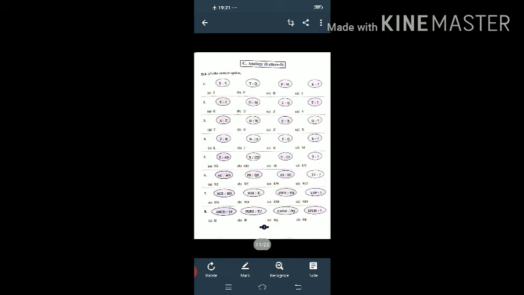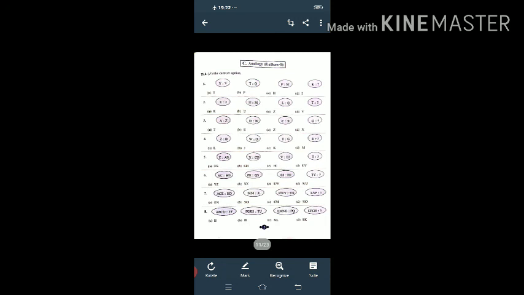P, Q, R, S, T. There's a gap. Y comes two alphabets after V. So V is two alphabets before Y. In this way, how is K related? H, I, J, K. So what will be the option? K is related to the C1.